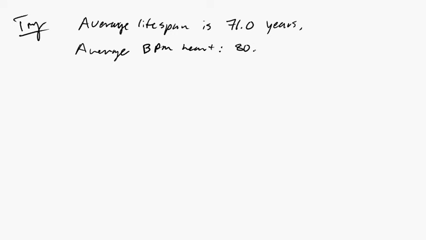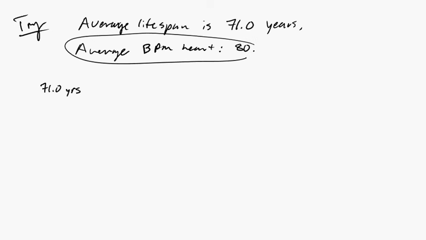Okay, so the thing you start with is 71.0 years. Now, this right here is a conversion rate. It is 80 beats every 1 minute.